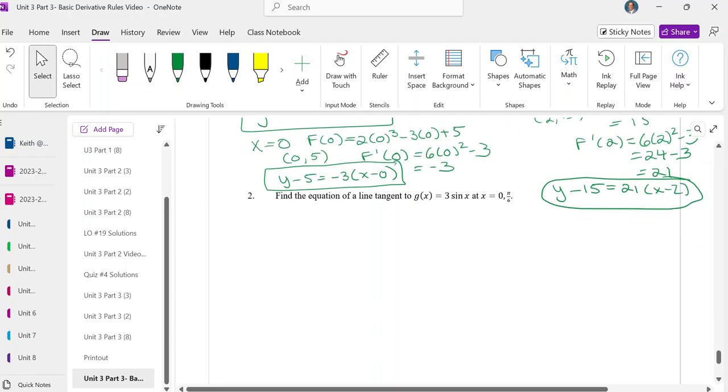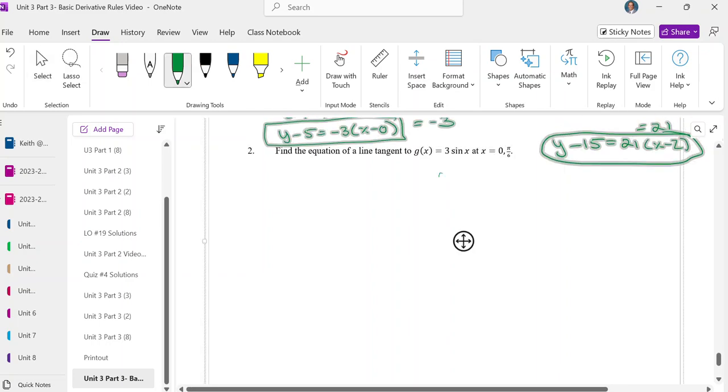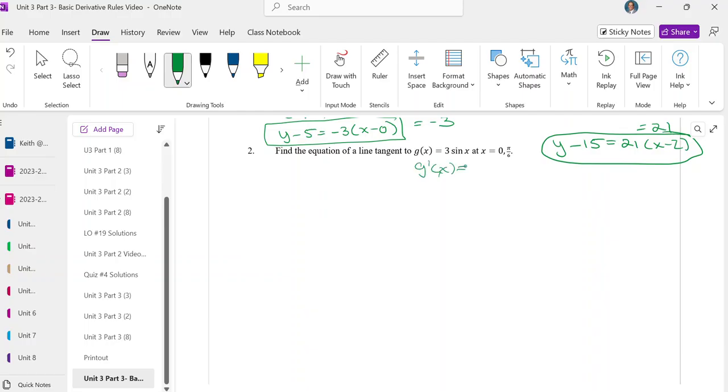So the last one here, find the equation of a tangent line if the function is g of x equals 3 sine x. Well, remember, the derivative of sine is cosine, so this is 3 cosine x. So when x equals 0, g of 0, well, 3 times the sine of 0.